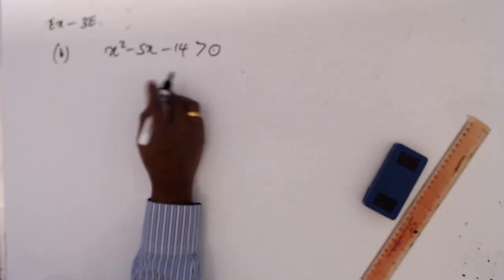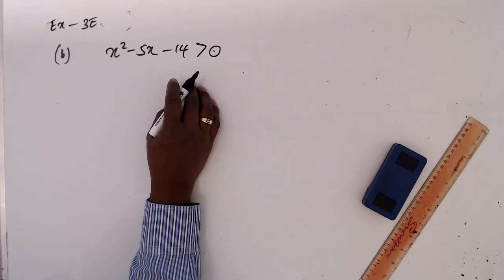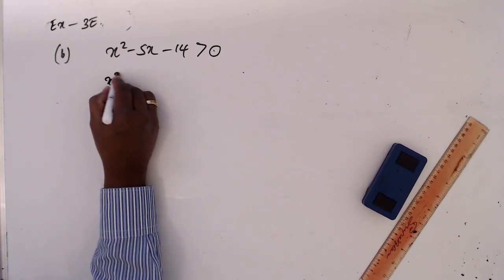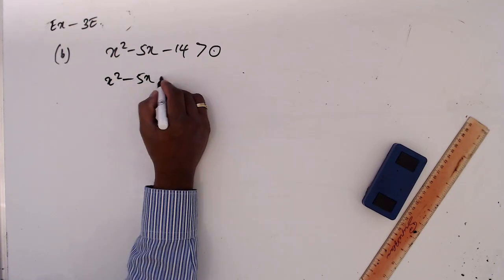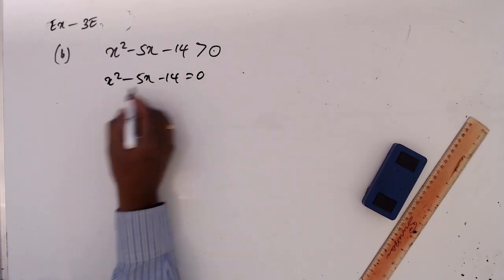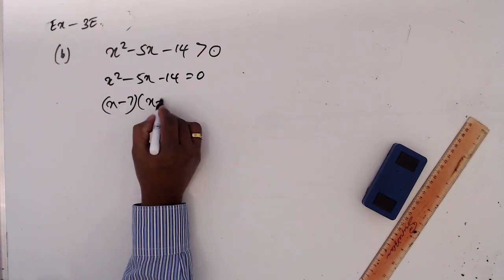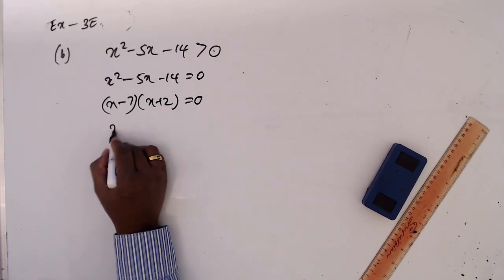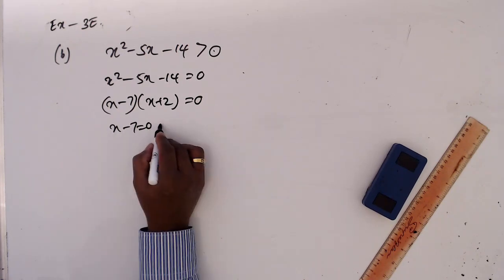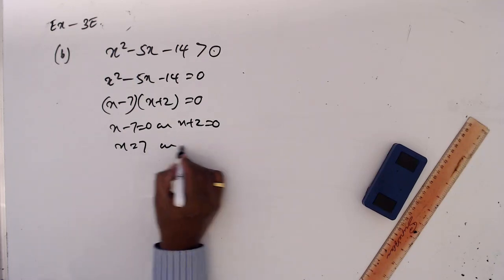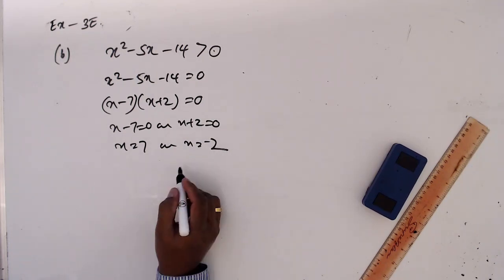Question number 6. This is a quadratic equation. I'll consider the equation first. So I can bracket this one as x plus 2 equals 0, x minus 7 equals 0, so x equals 7 or x equal minus 2.